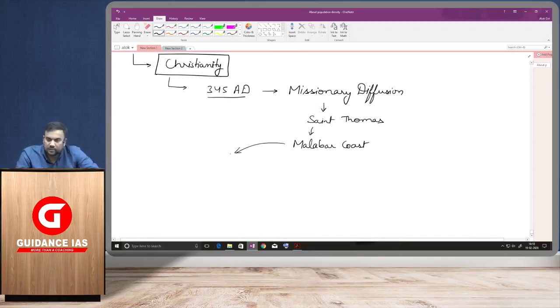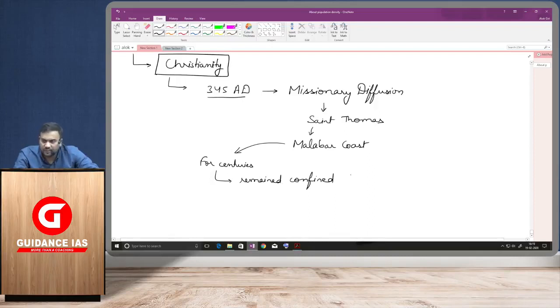But what happened? This religion, for a very long period, for centuries, remained confined to the Malabar coast.